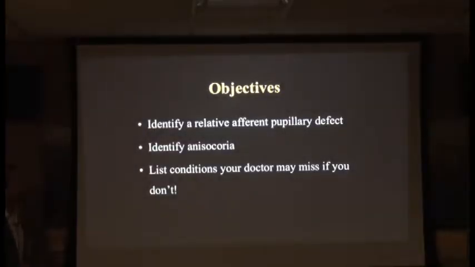So my objectives are that when we're done, you'll be able to identify not just a big relative afferent pupillary defect, but a small one. We'll talk about anisocoria, how to identify it and why that's important, and then list conditions your doctor may miss if you don't find them and then dilate the pupils. Because, of course, once you dilate them, relative afferent pupillary defects and anisocoria can no longer be identified.